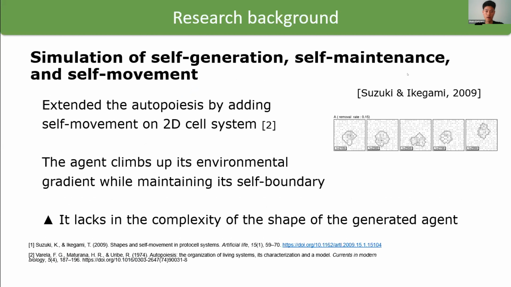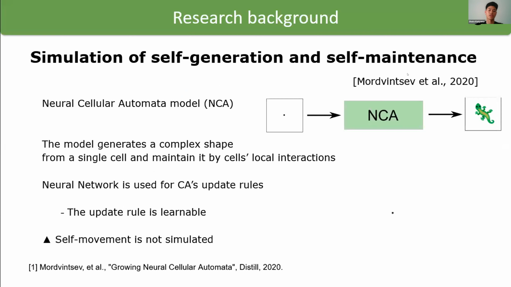There are several computational simulations of these fundamental features. First, a model that simulates self-generation, self-maintenance and self-movement was proposed by Suzuki and Ikegami in 2009. They extended the autopoiesis theory by adding self-movement on 2D cell systems, and the agent climbs up its environmental gradient while maintaining its self-boundary. However, this model lacks complexity in the shape of the generated agent. Next, a model that simulates self-generation and self-maintenance was proposed by Mordvintsev in 2020. The model is called neural cellular automata.